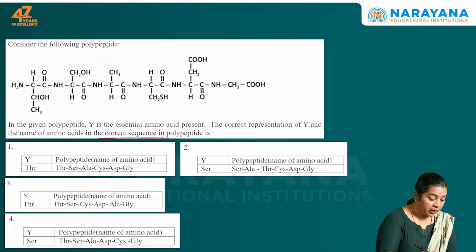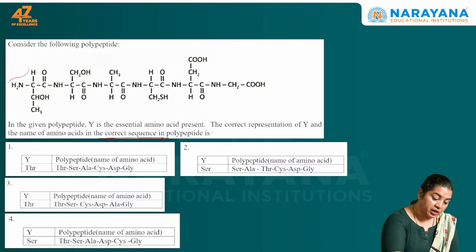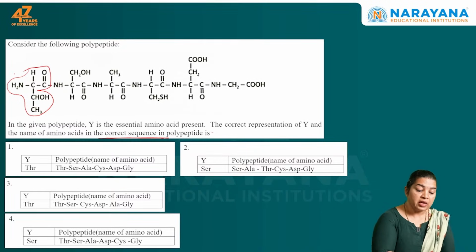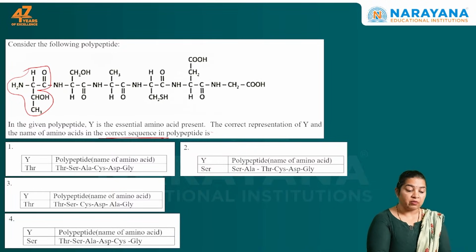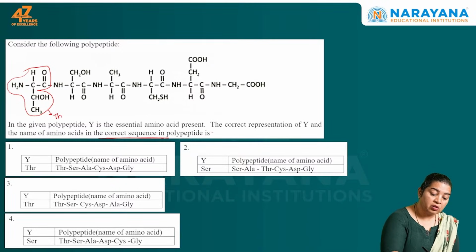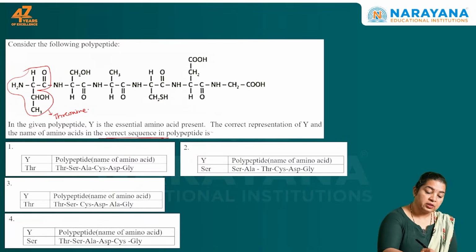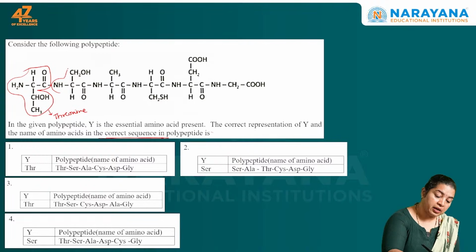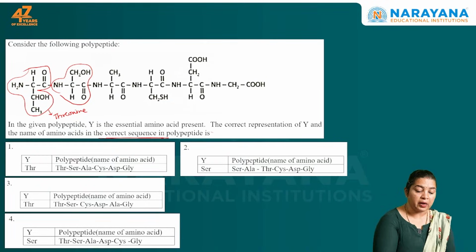Let us check. First amino acid, NH2CH, this part is our first amino acid. This is threonine. Okay. Second amino acid, NH, this part. Okay.